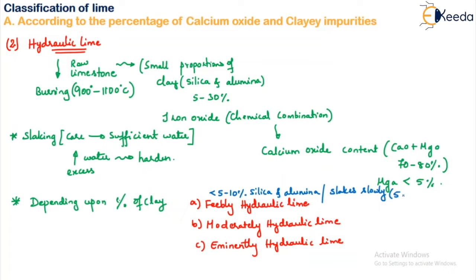That is, after 5 to 15 minutes of adding the water to this particular lime, it will slake. And generally, the setting time is 21 days for this type of lime. So wherever damp places are there, we can go for the use of this particular type of lime, especially for your less important structures.